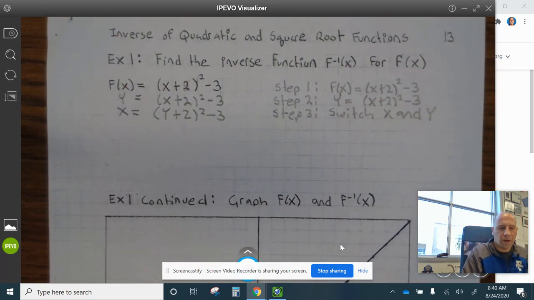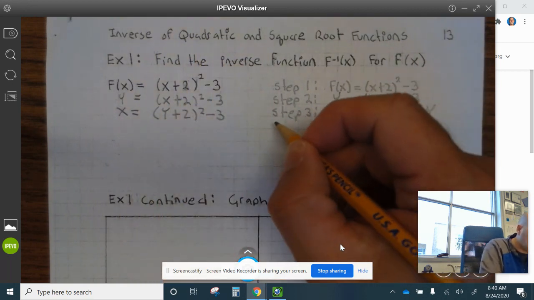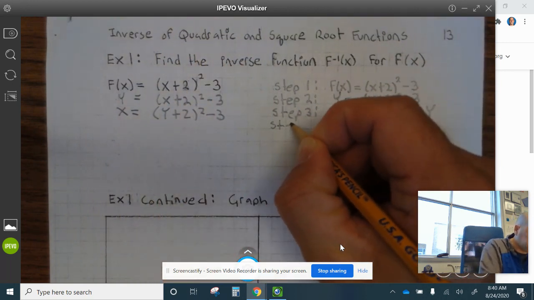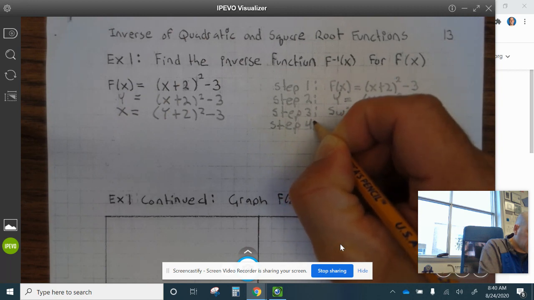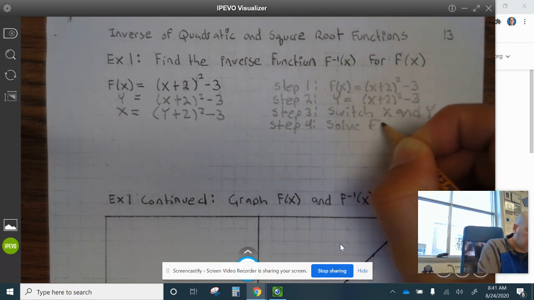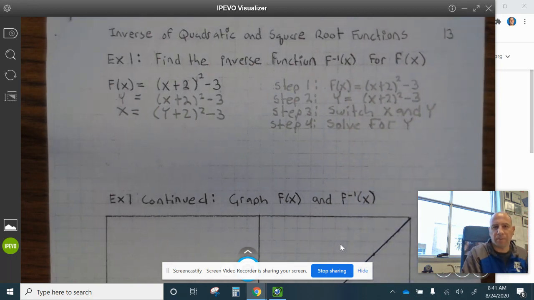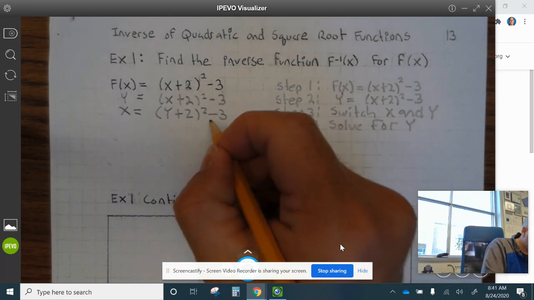Okay, and then step 4 is we're going to re-solve for y, or solve for y. Okay, so we're going to add 3 to both sides.